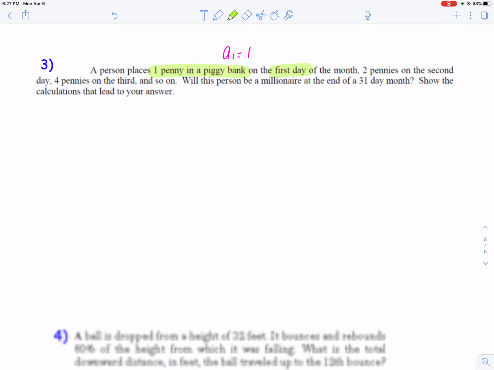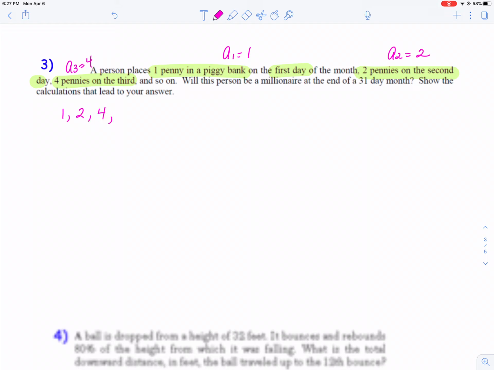Then it says 2 pennies on the second day, so a sub 2 is 2. But then it says 4 pennies on the third, so a sub 3 is 4. So when I think about this sequence, I know it's going 1, 2, 4.